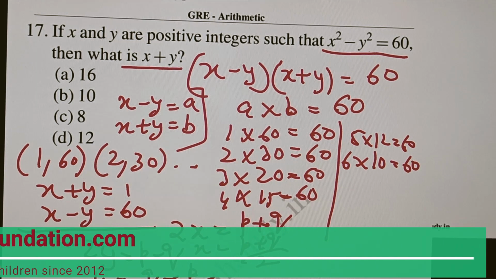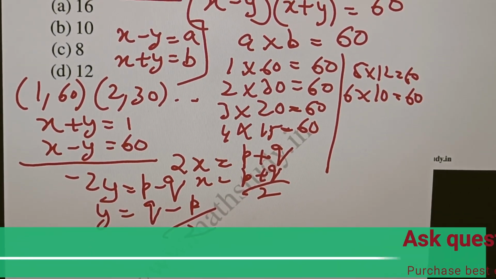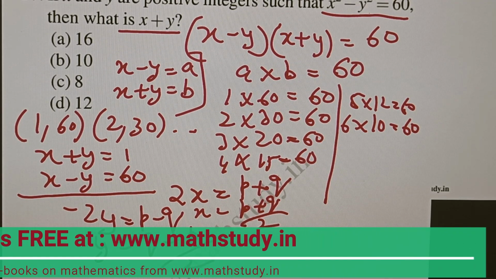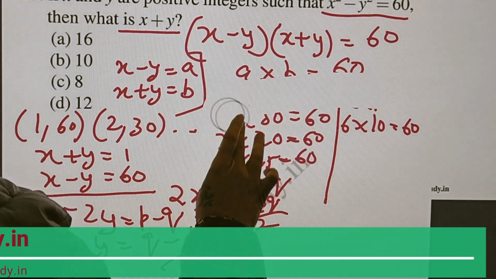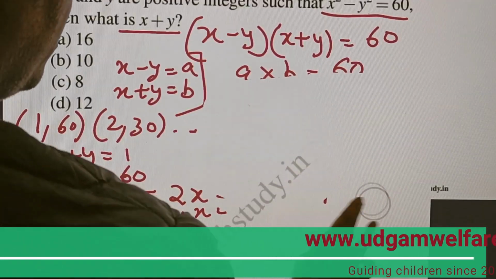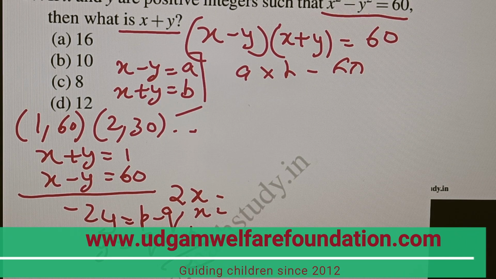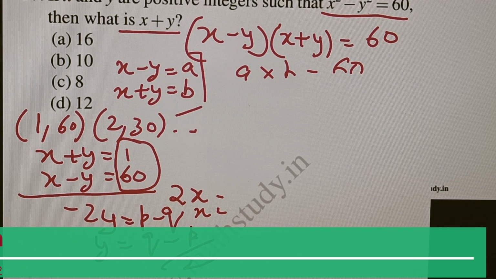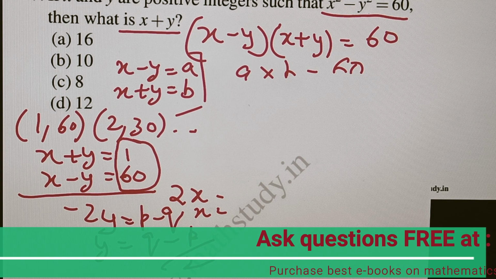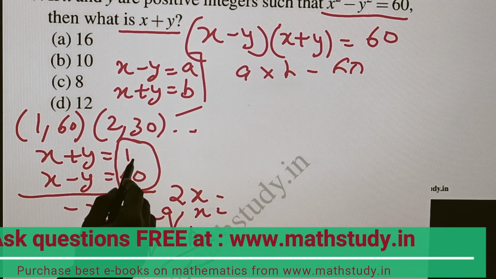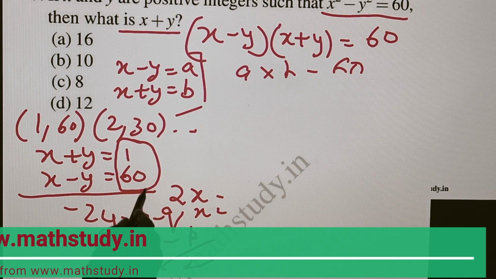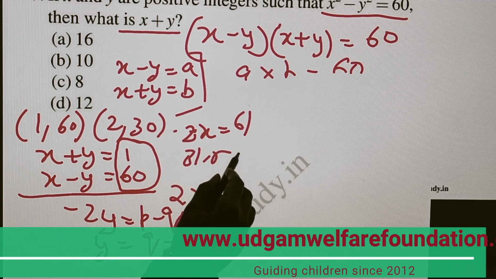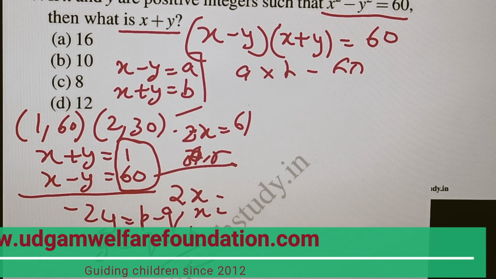In this manner, we can easily find x and y. Specifically, if we check these numbers, these two numbers should both be even or both be odd to get our result as integers. In this case, 1 and 60 give you 61, and 2x equals 61 gives some decimal number, 30 point something. So we have to ignore such numbers.